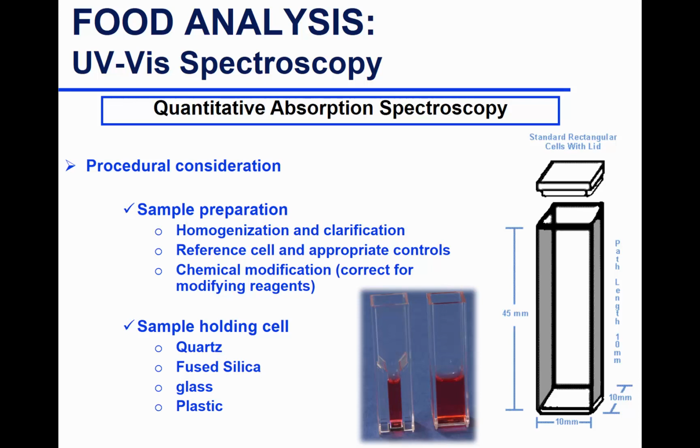Under UV, glass absorbs the UV light. So you don't want that. So you want to use quartz or fused silica when we're measuring UV absorption. When we're measuring visible absorption, we can use glass, we can use plastic, which is even cheaper. So it is very important to decide on the sample compartment.